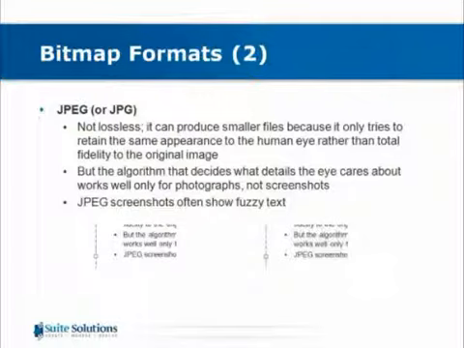JPEGs are designed to produce smaller files than the other formats that we discussed before, because the only thing that JPEG is trying to do is make things look the same rather than actually be the same as the source image. So it takes advantage of the natural way that people view images to try to remove detail that you won't notice.